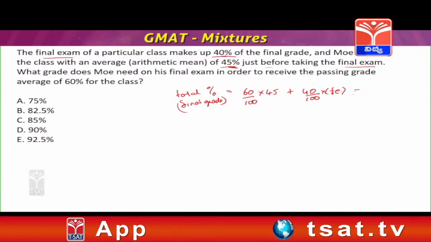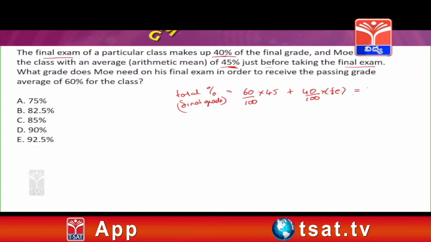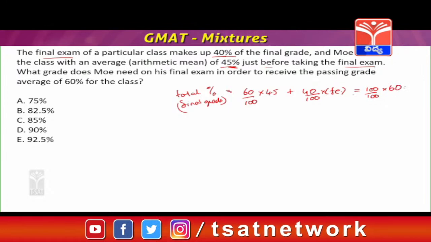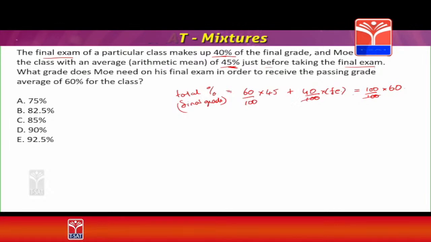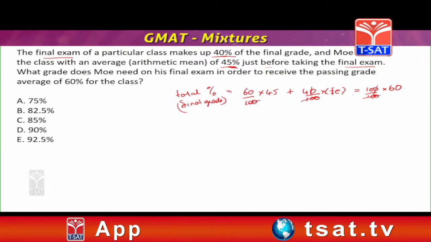This must be equal to what? It should be equal to the entire percentage must come out to be equal to 60% for him to pass the class. So, let us just cancel out 100 on all sides and you can cancel out 0 also.